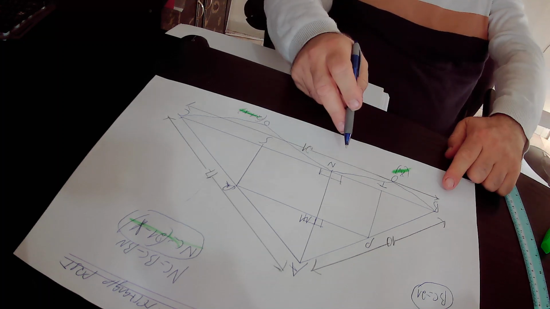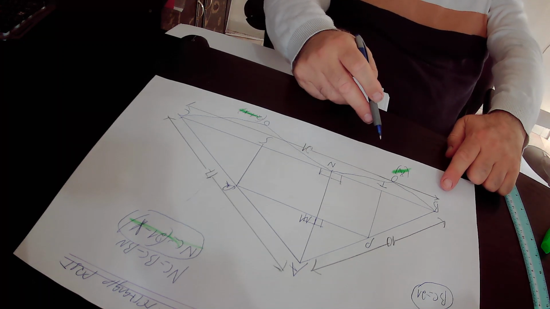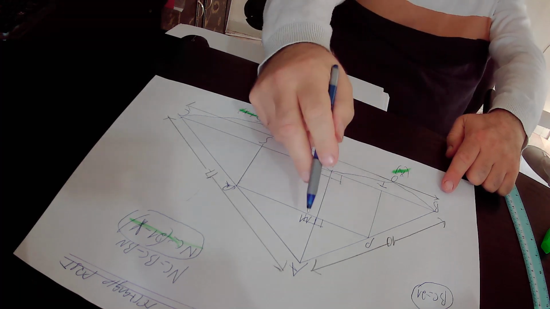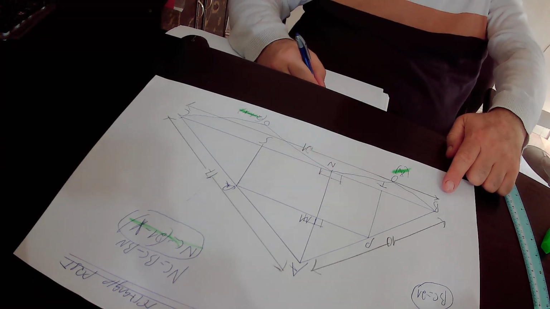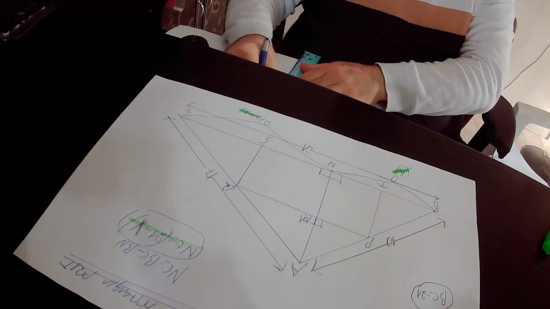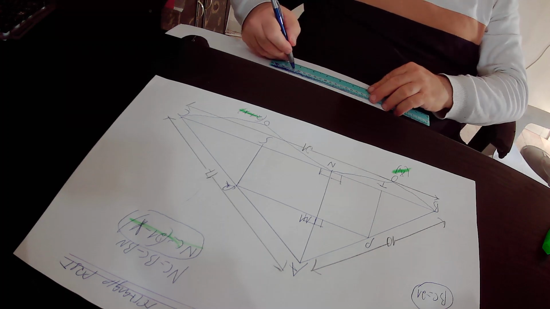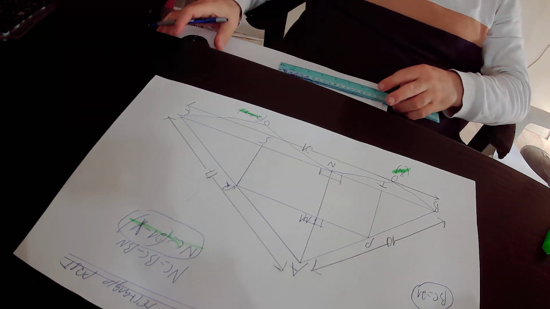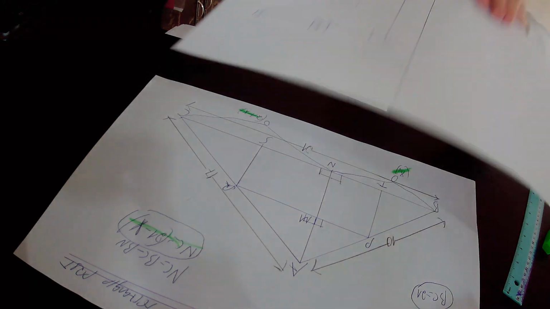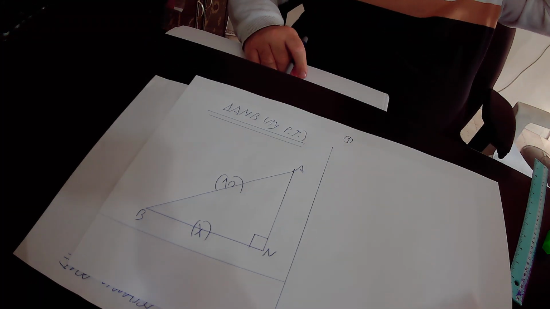Side BN of triangle ABN equals x units in length according to our definition. The hypotenuse AB equals 10 units according to what is given in the question. So actually, this is the right triangle ABN copied from the original drawing.